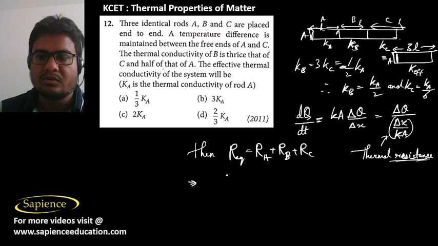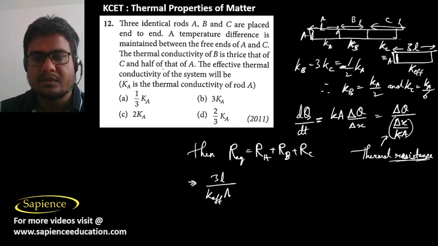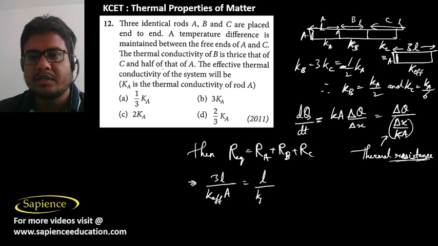Therefore R equivalent is equal to 3L by K effective into A, which equals RA, that is L by KA into A.